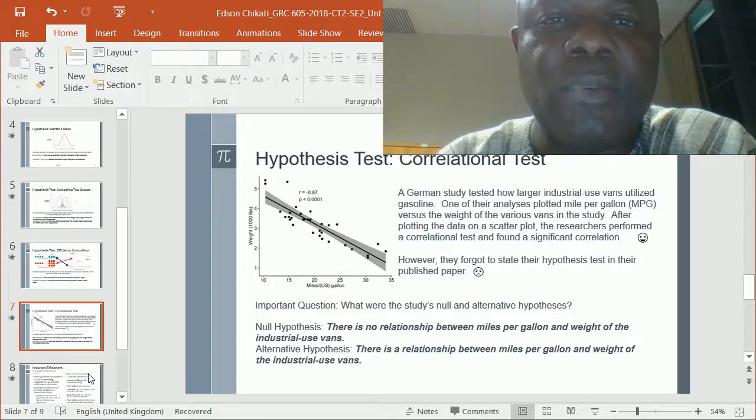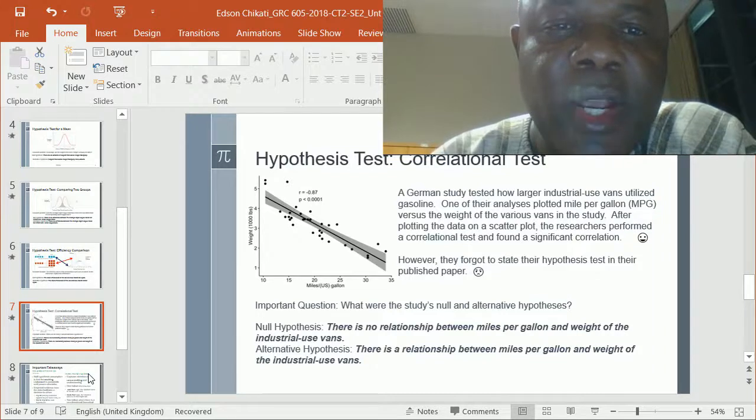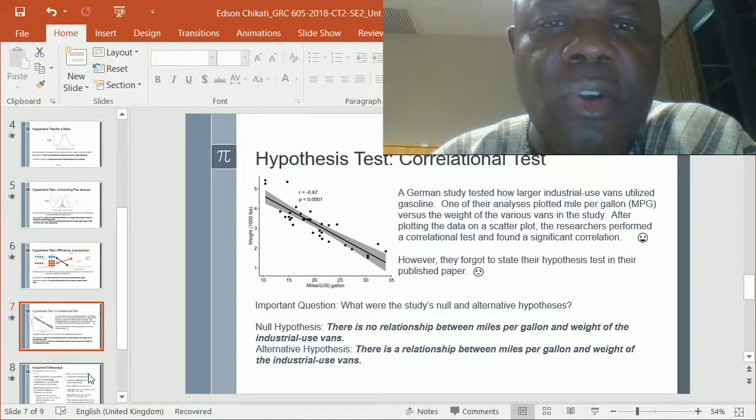After plotting the data on a scatter plot, the researchers performed a correlational test and found a significant correlation. However, they forgot to state their hypothesis test in their published paper. The important question now is, what were the study's null and alternative hypotheses?